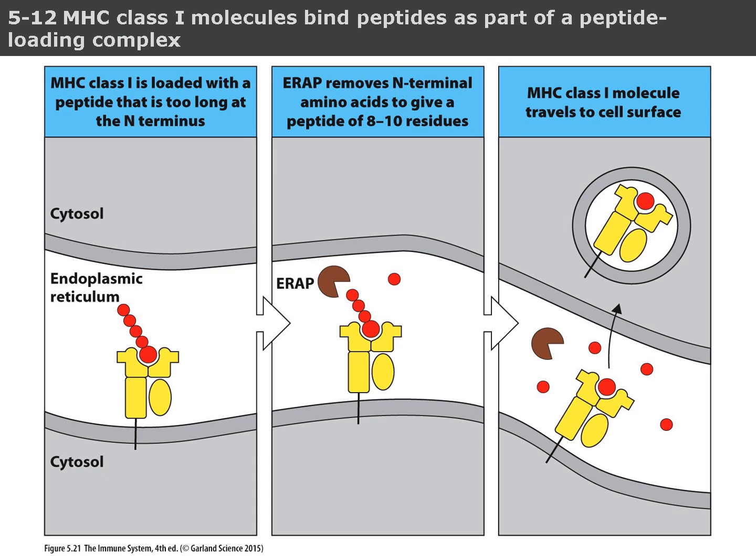In the final panel, once the peptide fits properly, the stable MHC class I complex is transported to the cell surface. There, it presents the processed antigen for recognition by CD8 T cells. This trimming step ensures that only correctly sized peptides are displayed to the immune system.